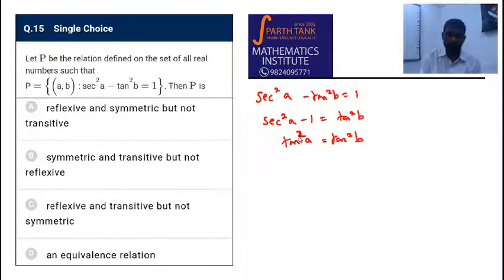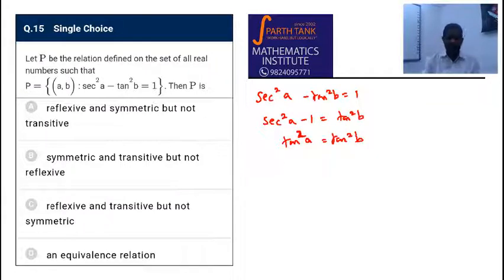Now, when will this condition hold? Tan square A is equal to tan square B basically. If this is true, then they say A and B are related. Okay, tan square A should be equal to tan square B, or you can even say secant square A is equal to secant square B, or you can come to all those conclusions.